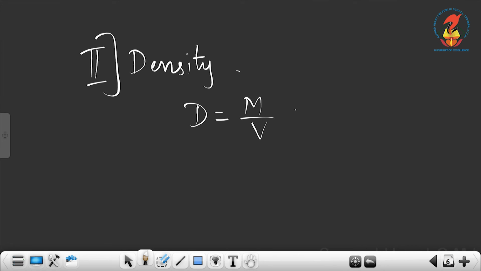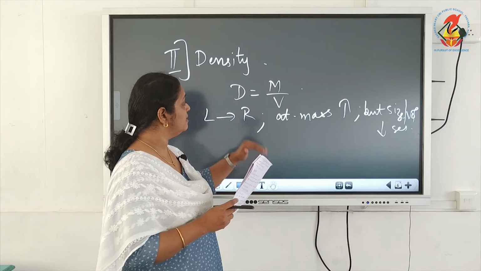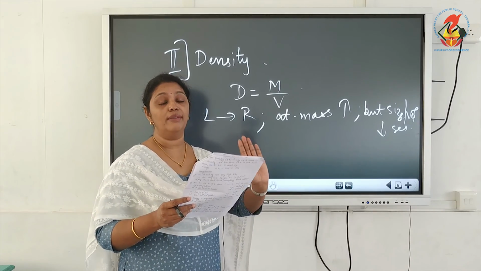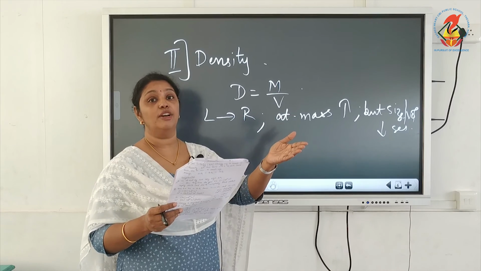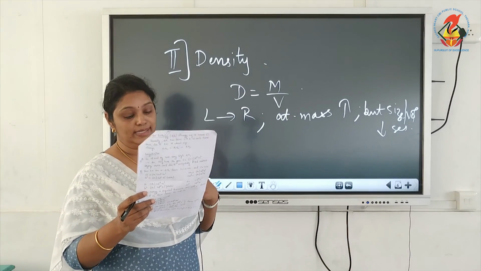And you know, along the period or across the period, that is from left to right, we know that atomic mass increases, but size, which means volume, decreases. So, you know that density and volume are inversely proportional. So, as size decreases, density increases. So, from left to right we have density of the element increasing because volume or size decreases.